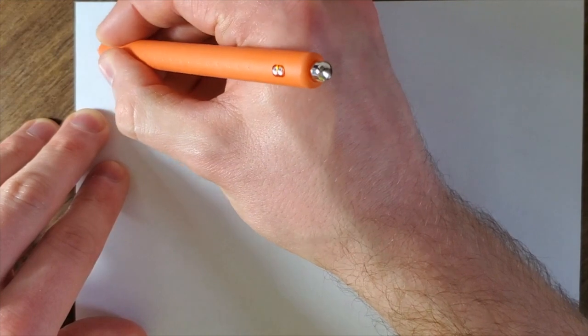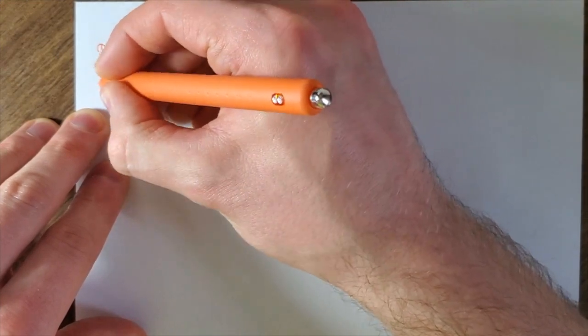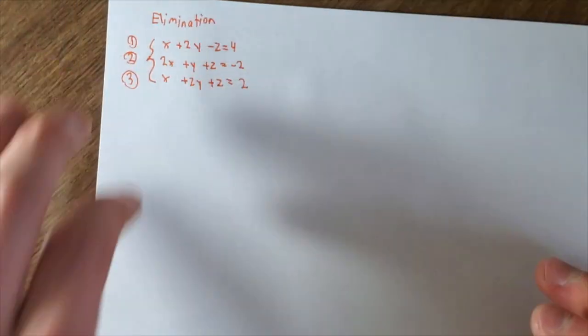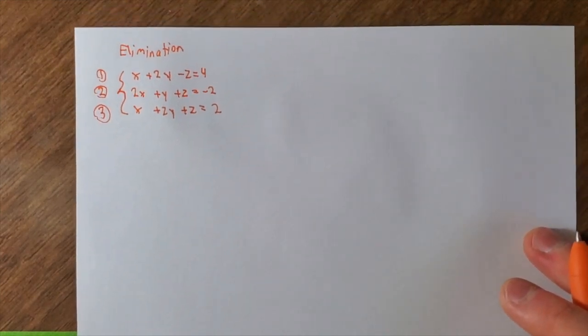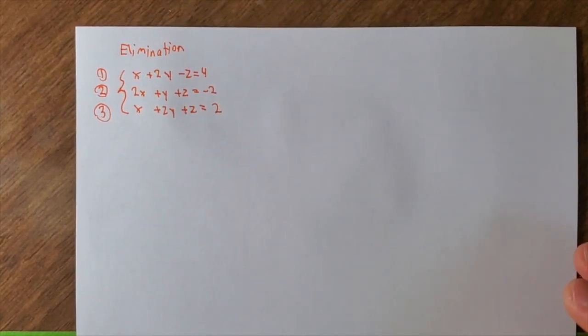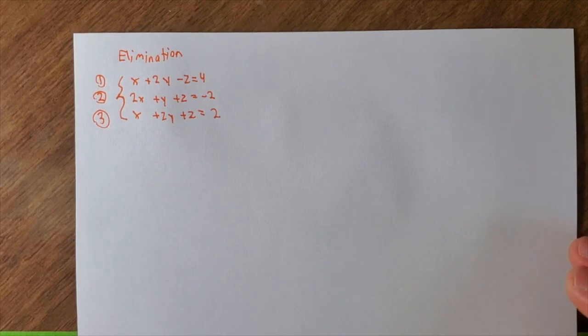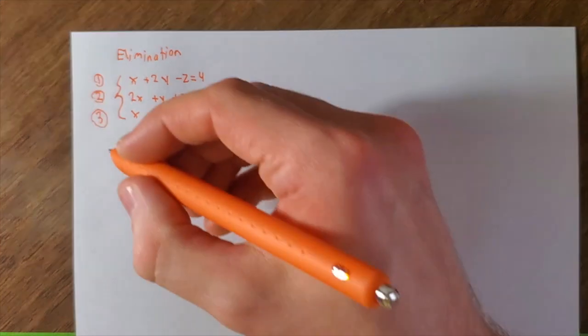And again, I'm going to label my equations 1, 2, and 3, just so we can track them as we go and keep it a little bit easier for ourselves. So we want to eliminate something here. I'm going to start with equations 1 and 2.